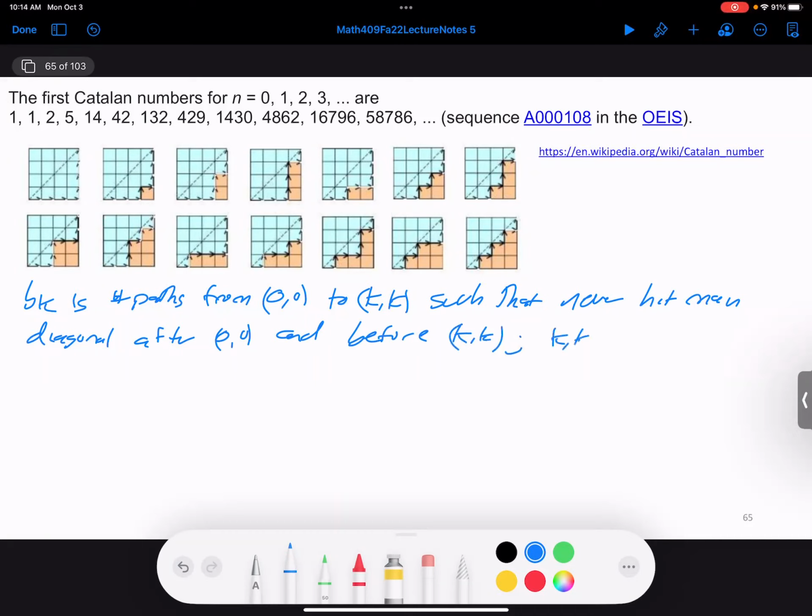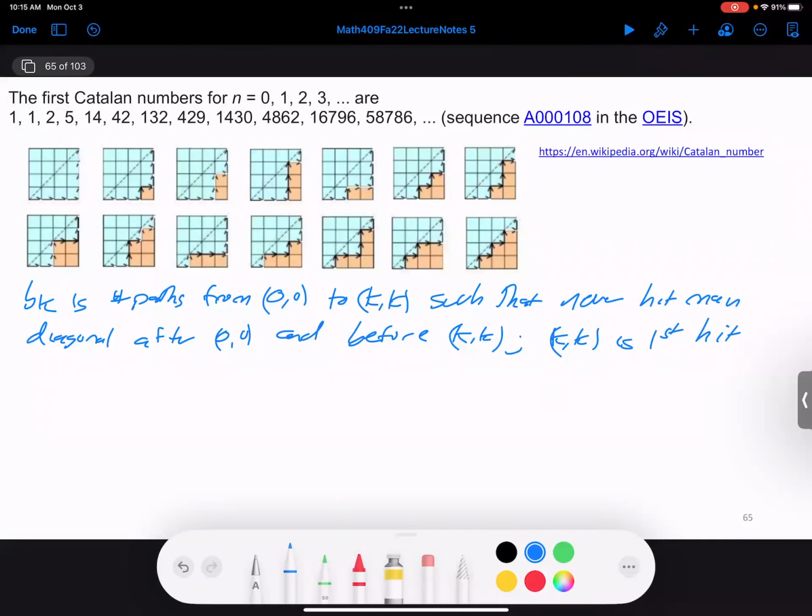So KK is the first hit. What we're basically saying is, if I look at all the Catalan paths, each path has to have a first hit on the main diagonal because we know they all end at NN, which is on the main diagonal. So some of them, that will be their only hit.